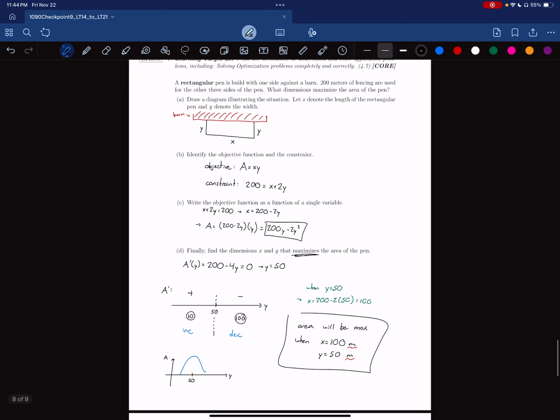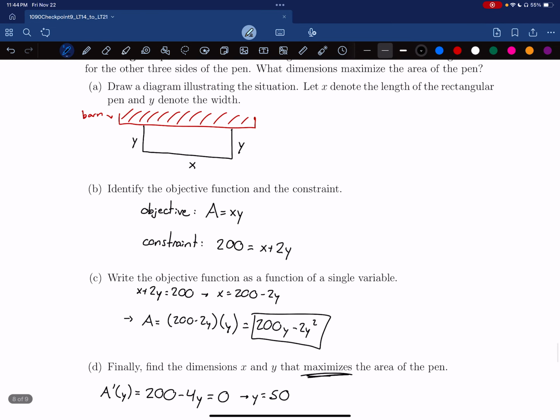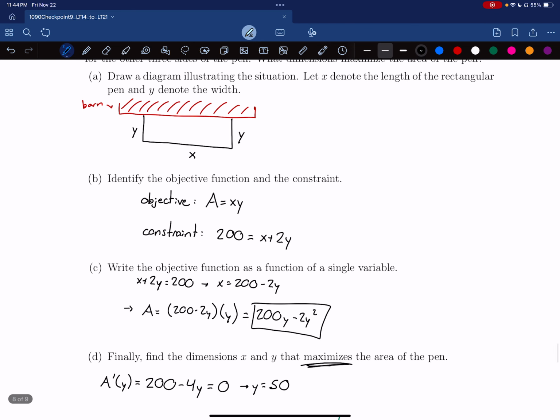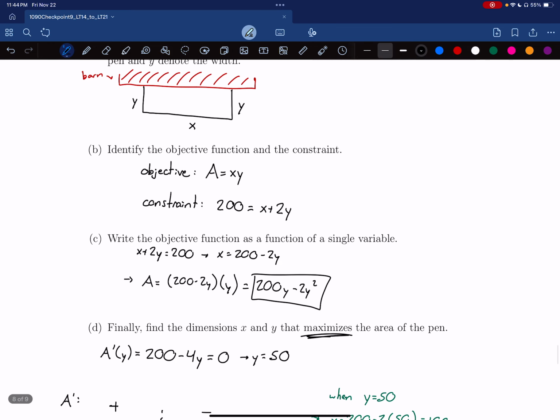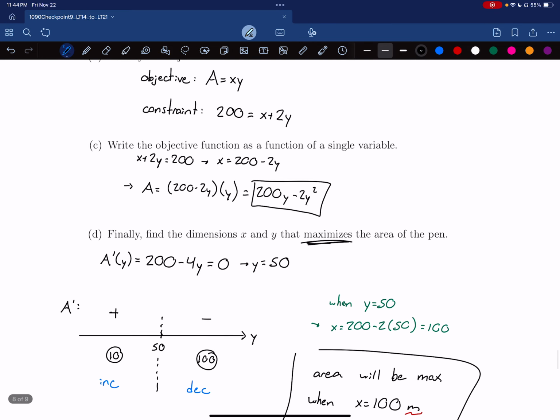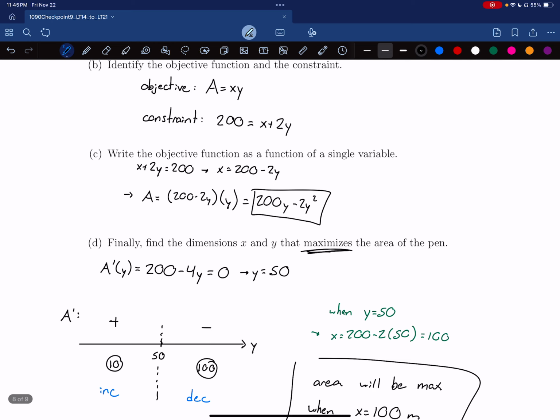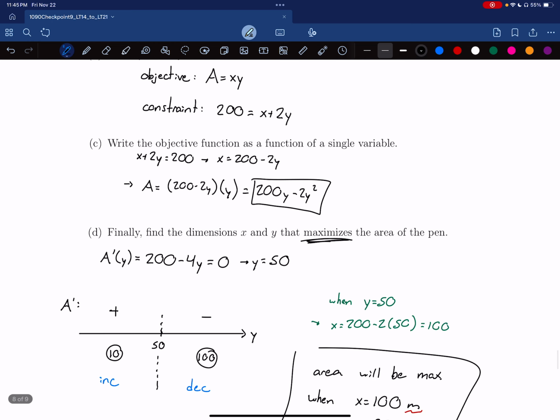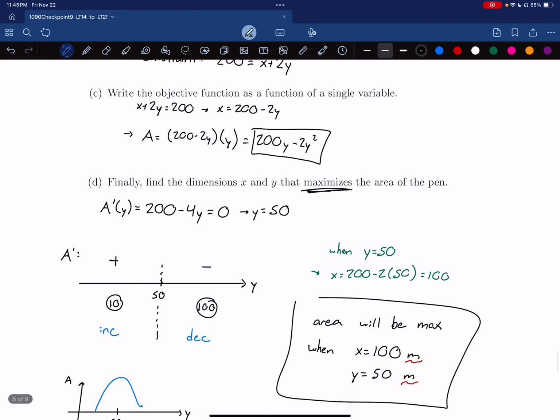So this question, like the steps it gives, kind of guides you through it, but we always draw a diagram. Then we need to identify an objective function and a constraint function. And then we'll write our constraint function, solve for a certain variable and then plug that into the objective to get the objective as a function of a single variable.